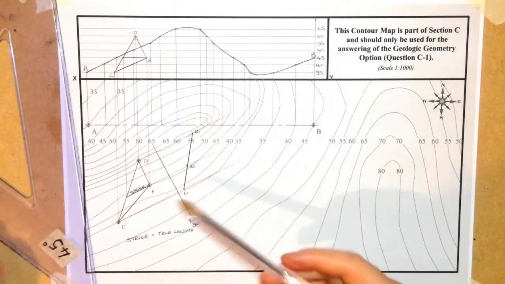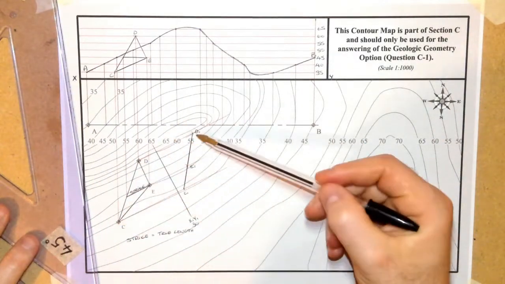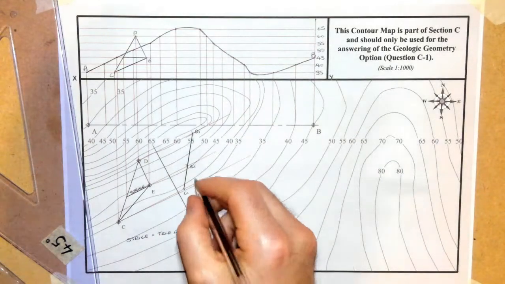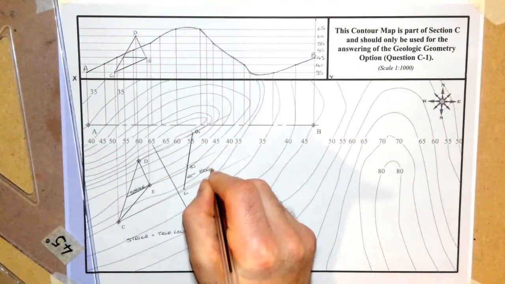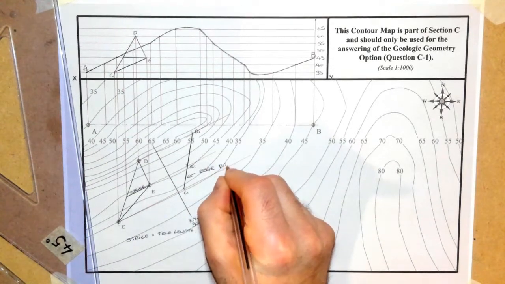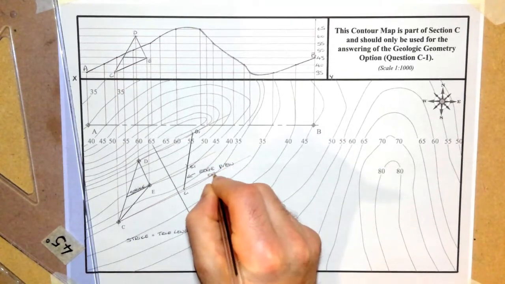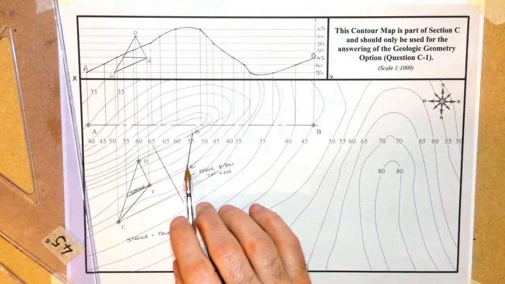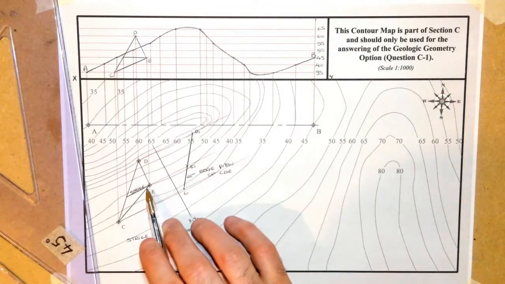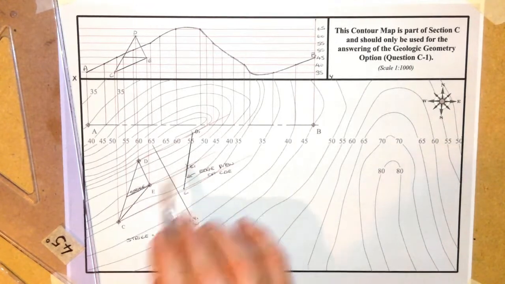Okay, and what we're essentially seeing is this triangular surface as an edge view. So that there is an edge view of C, D, E, where E1 here is a point view of our strike.